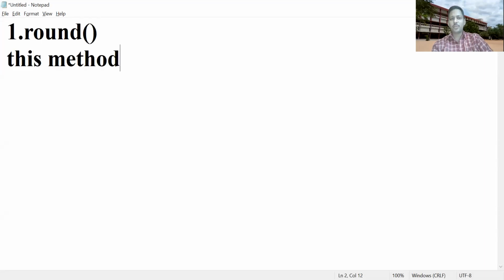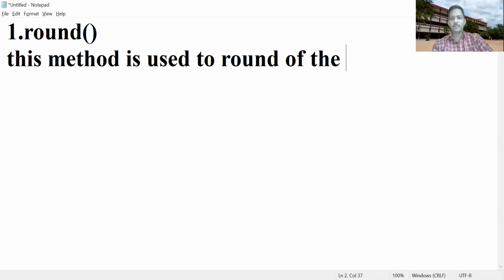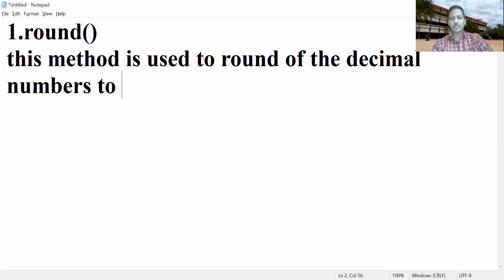This method is used to round off the decimal numbers to the nearest value.